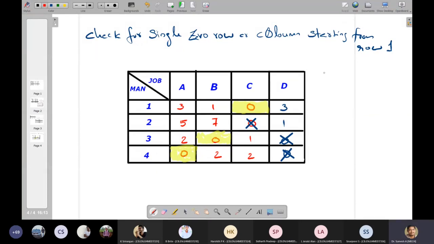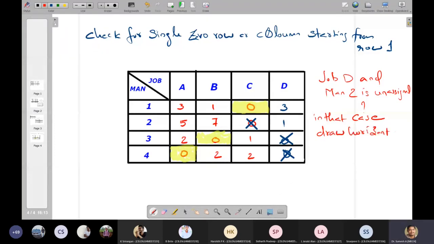So job D and man 2 are unassigned. In that case, you have to draw horizontal or vertical lines passing through all zeros.